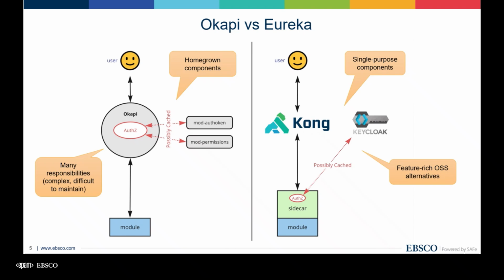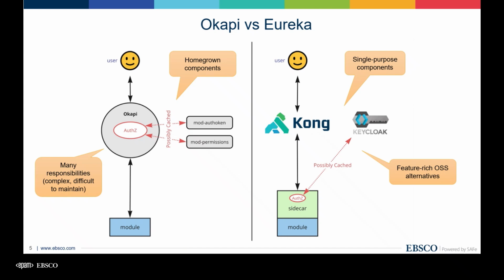It all goes through Okapi. Okapi is responsible for a lot of different things, including, as you can see here, orchestrating the authorization and tenant checks and so forth. All this stuff is homegrown. A lot of these things have multiple responsibilities. They're complex. They're difficult to maintain.